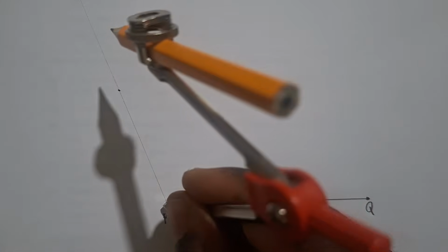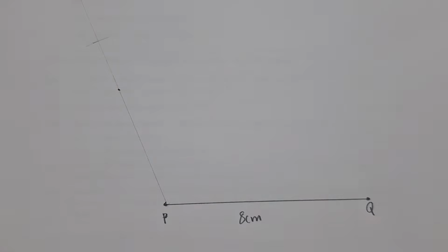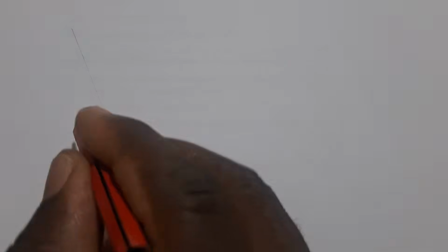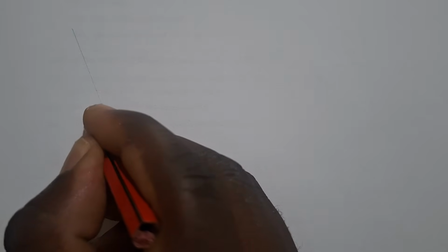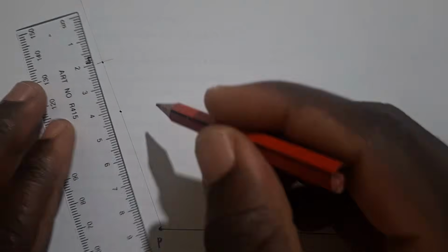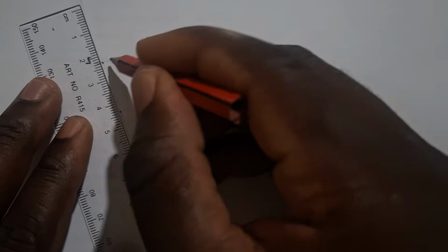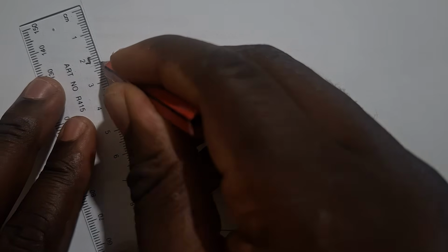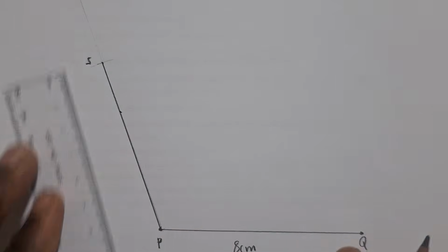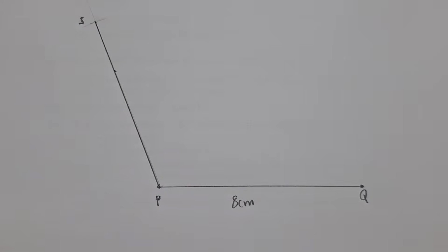I hope you're able to see. And then you cut an arc here to help you know where letter S is going to be. So this is where the point S is. It's right here. This is our S. You can now do a bold line from S to P. This is our line.